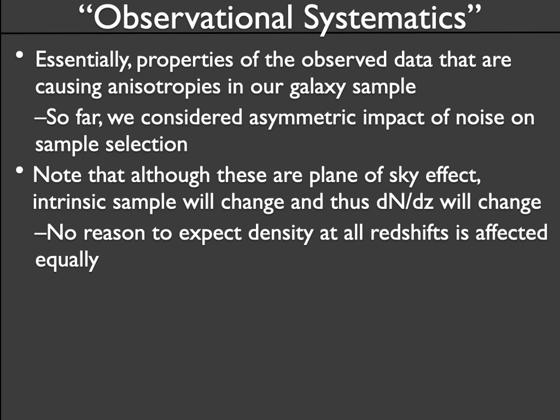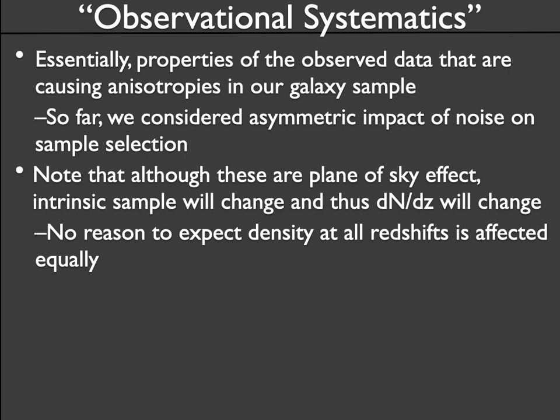So up to now, we really just discussed how the impact of noise will be asymmetric, that you'll get oftentimes more scatter in than out. We'll go through a whole variety of kinds of effects in a minute.